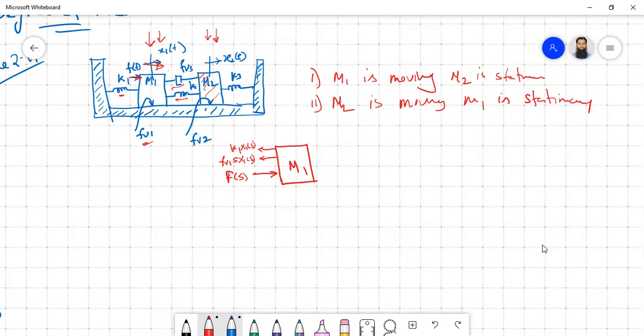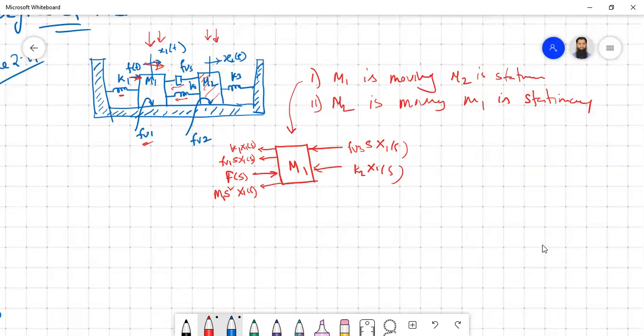Now the mass itself will also act in the opposite direction, so M1 s squared X1(s). Then FV3 s X1(s), as well as K2 X1(s). Okay, so this is related to the first one.